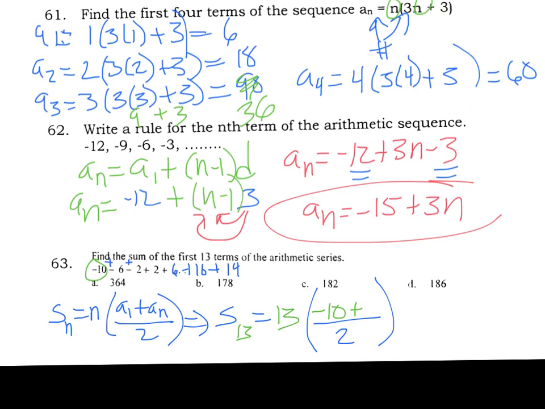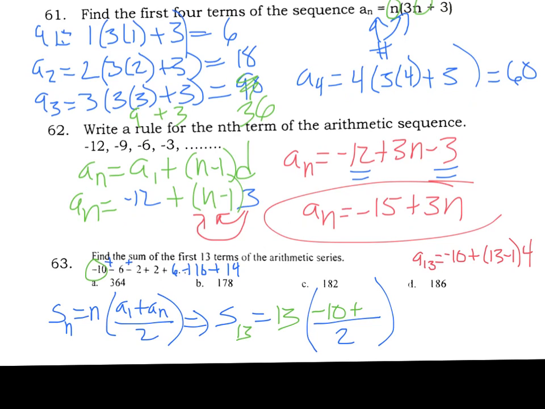So to get the last term, again, I could do it all by hand, but probably the quickest way is to use the rule. The rule for an arithmetic sequence, which we just did in the last problem, says that the 13th term is the first term plus 13 minus 1 times d.